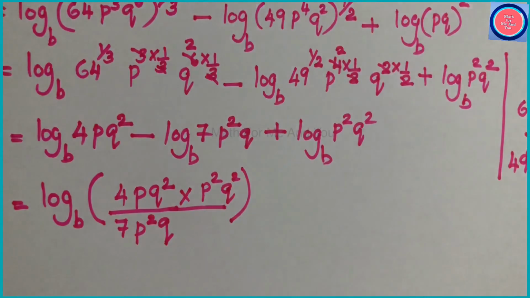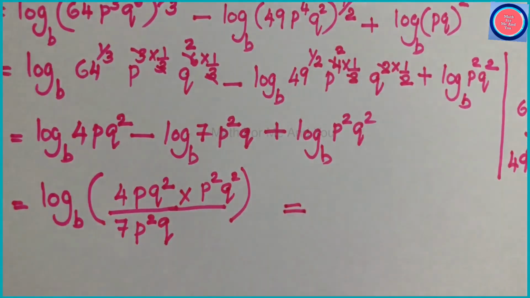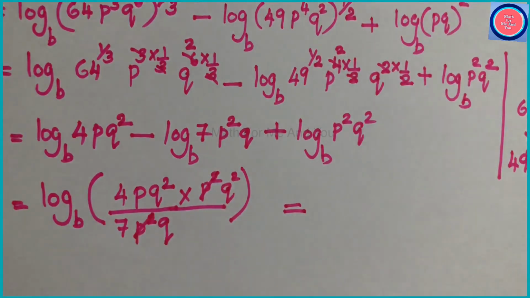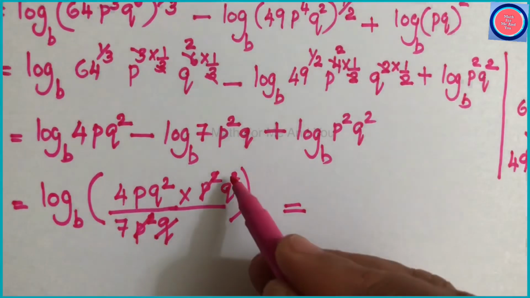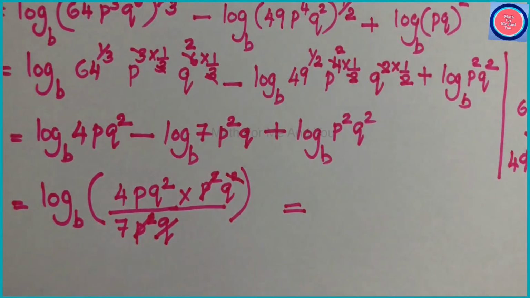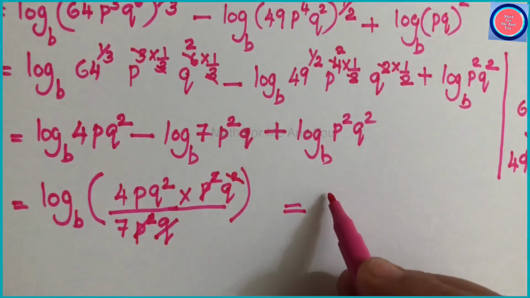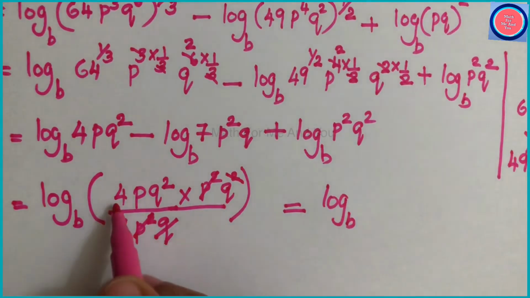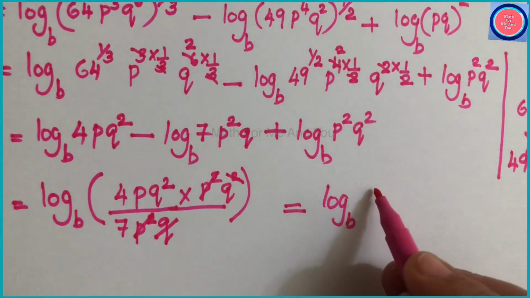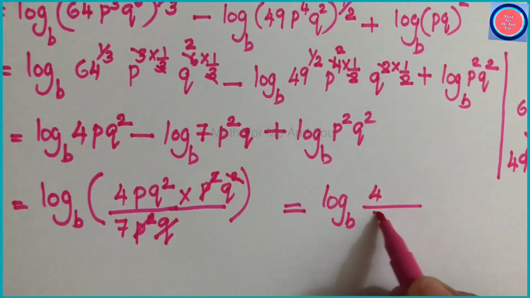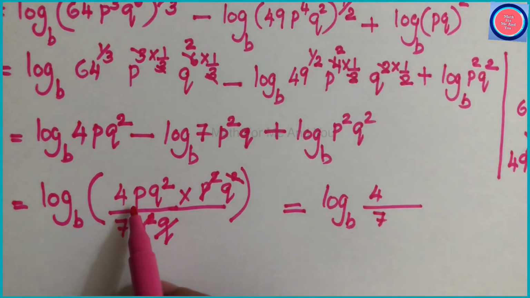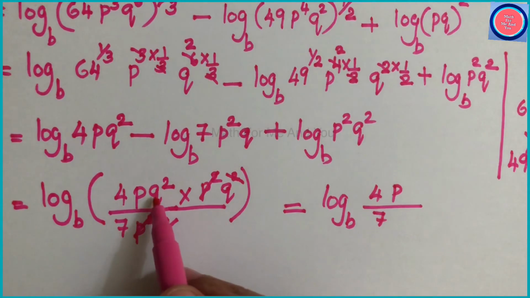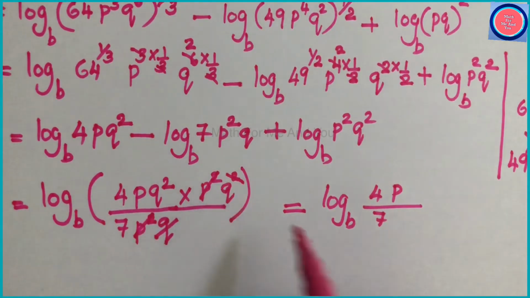Simplify the bracket. Similar terms we can cancel. So p square cancels with the p square. Also we can cancel 1 q from numerator and denominator. The remaining is log to the base b, and inside the bracket 4 over 7 because no common numbers. So we write 4 over 7. P and q power 2, q power 1 together we can write p q to the power of 3.